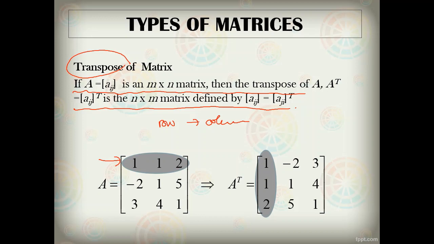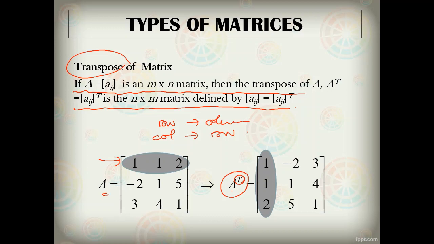The row you write as a column, and the column you write as a row. For example, you have matrix A here with all these entries, and you want to find the A transpose, which we denote as A^T. T here means transpose.